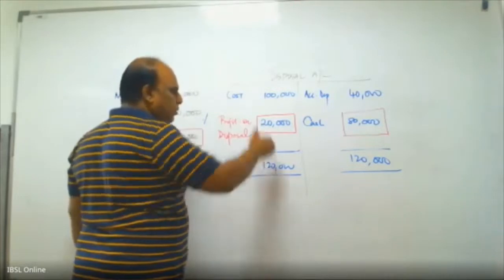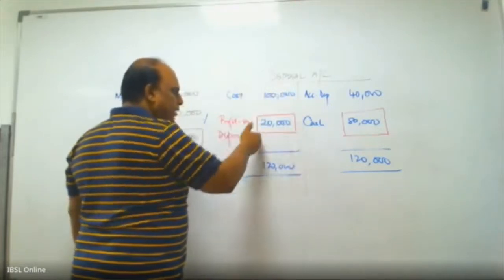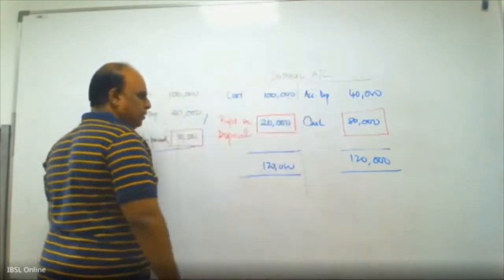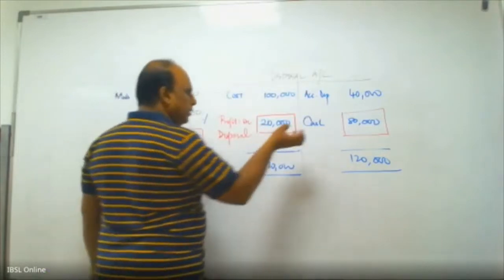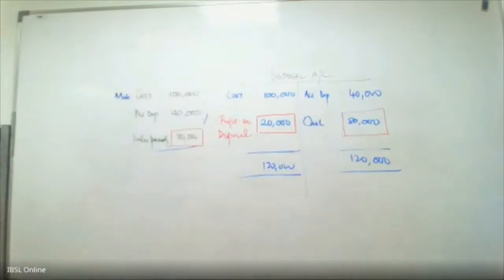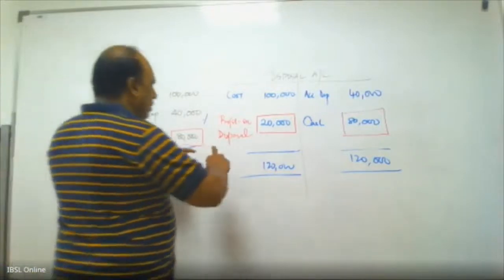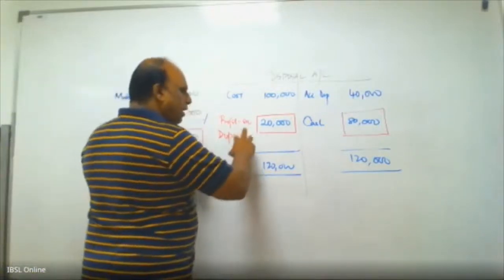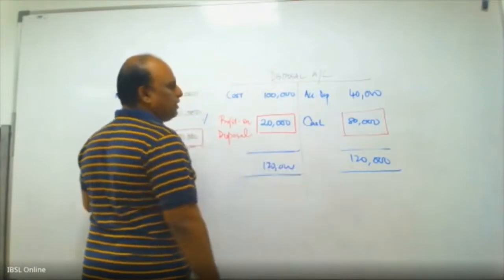So what do I need to do? I need to eliminate this from my profit. Then automatically, this amount will come in. So when it is a profit, you have to take it out from the profit after tax.